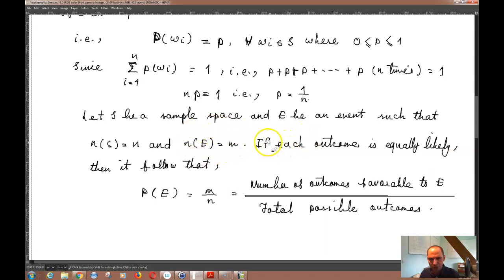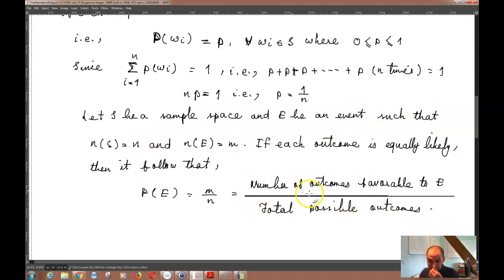So if each outcome is equally likely, it follows that P of E is equal to m, the number of outcomes favorable to E, divided by the total number of possible outcomes. And here you can write directly n, because all of those outcomes are equally likely.